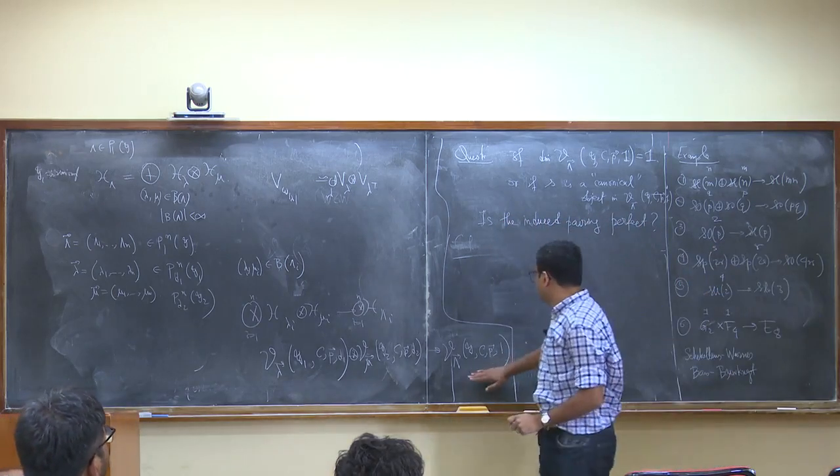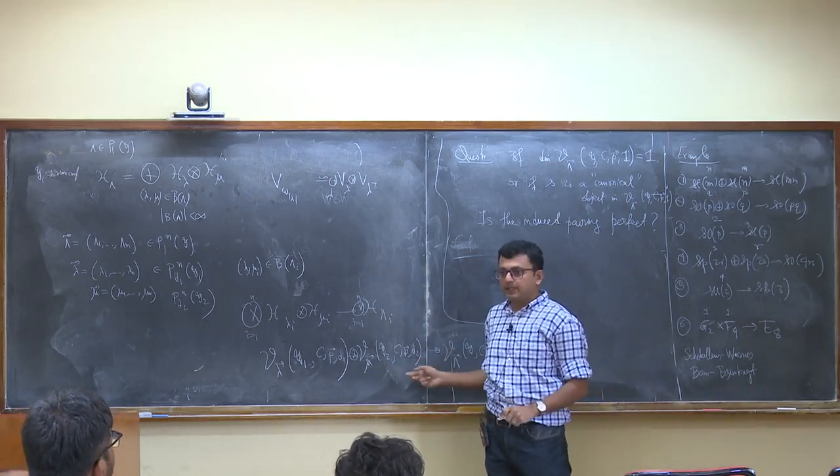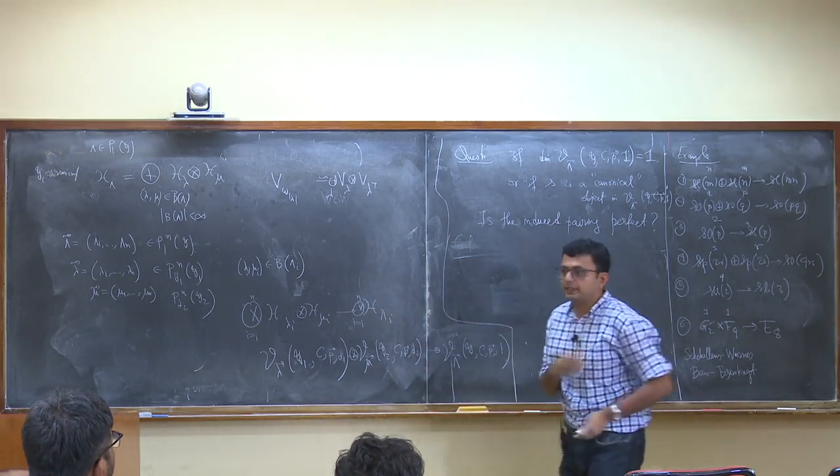So ignore this line, but if this is C, there is a pairing, right? And the question is, is this pairing perfect? It's a non-degenerate pairing.